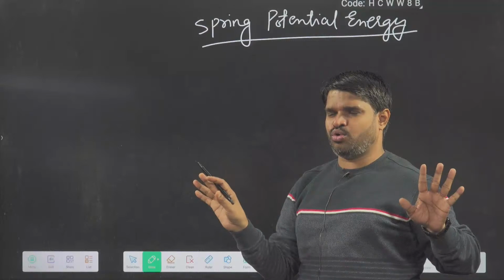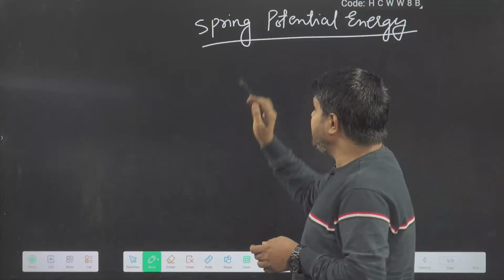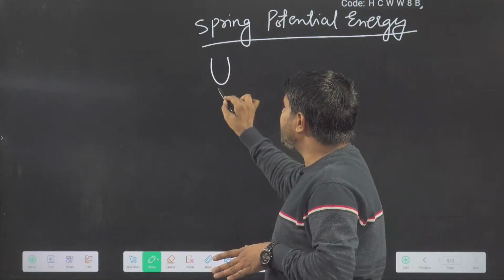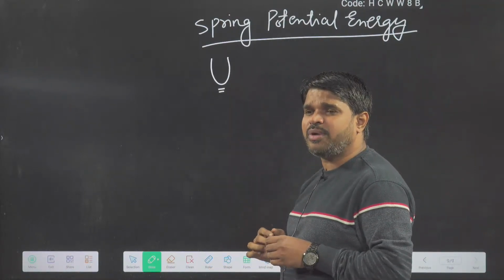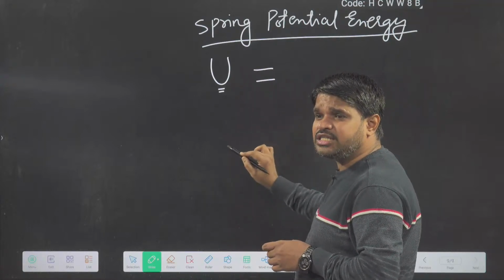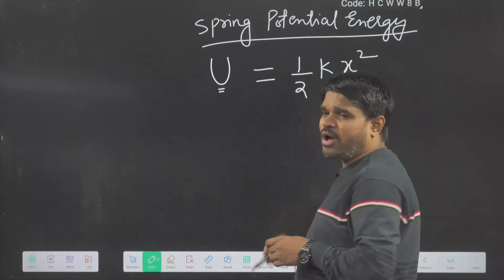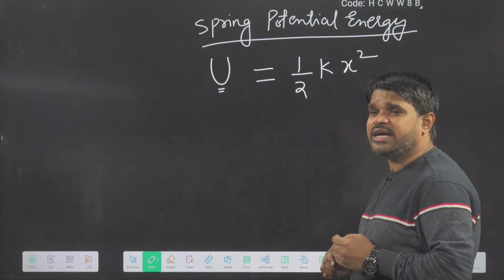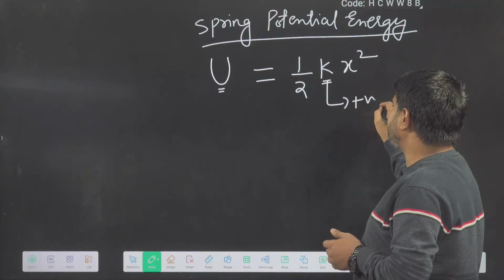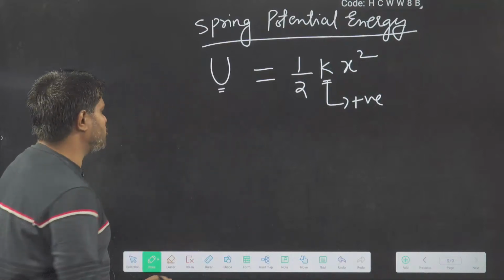I also don't know, I just know the formula. For potential energy, we use U, and the formula of spring potential energy is half k x square. Here k is positive. It is something, but k is positive.